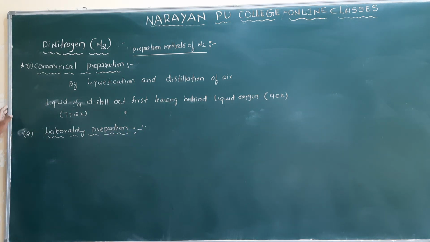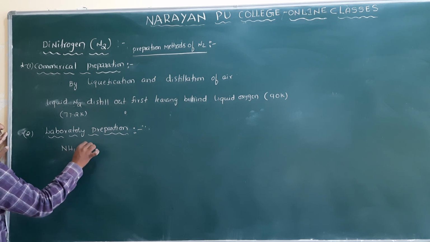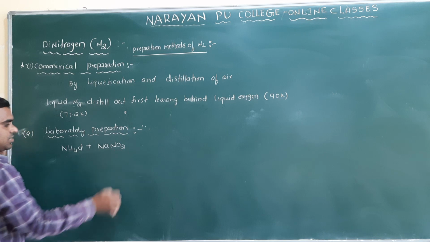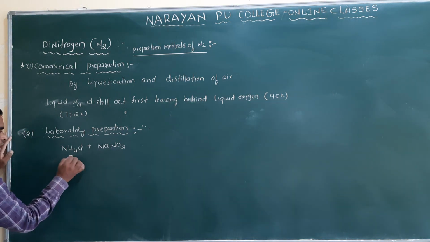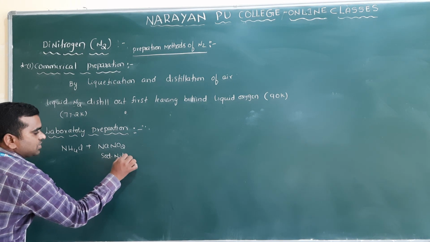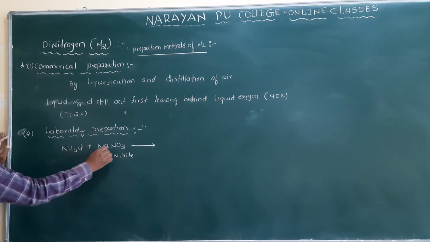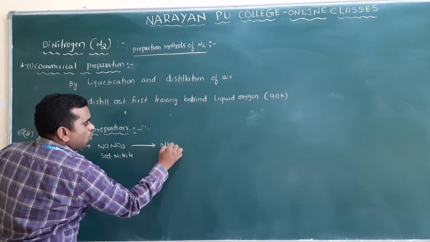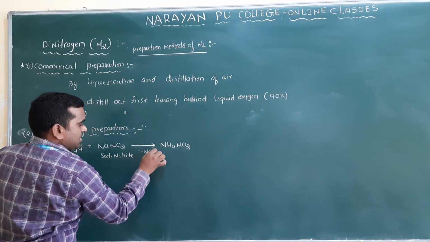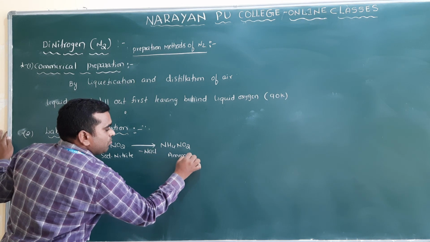Clear? So first of all, we heat the mixture of ammonium chloride and sodium nitrite. Then NaCl will be removed and you will get ammonium nitrite, minus NaCl.